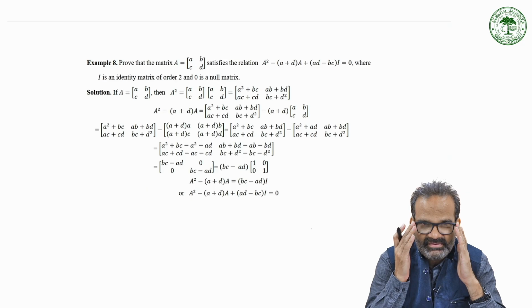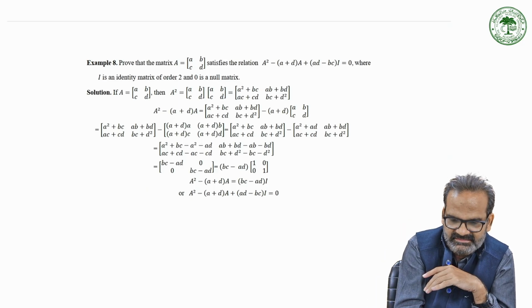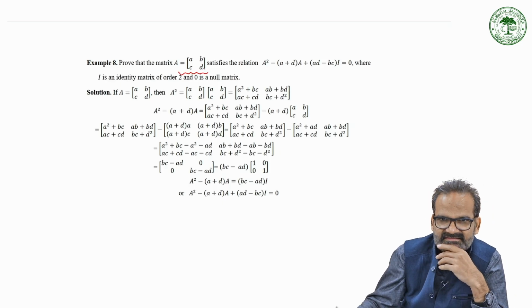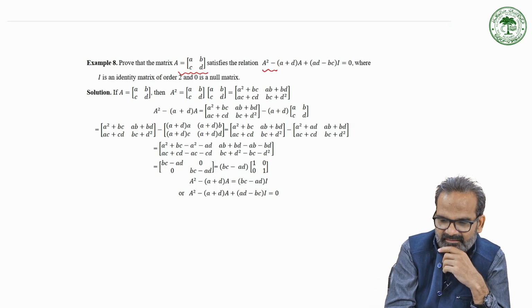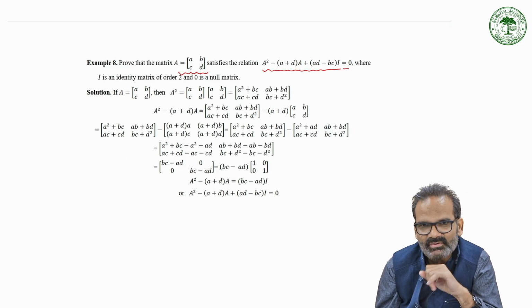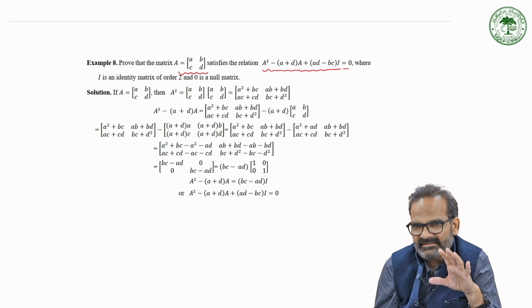Now this is also an example. Prove that the matrix A is equal to this satisfies the relation A square minus (a plus d)A plus (ad minus bc) of I is equal to 0, where I is an identity matrix of order 2 and 0 is a null matrix, right? This is a kind of matrix equation.